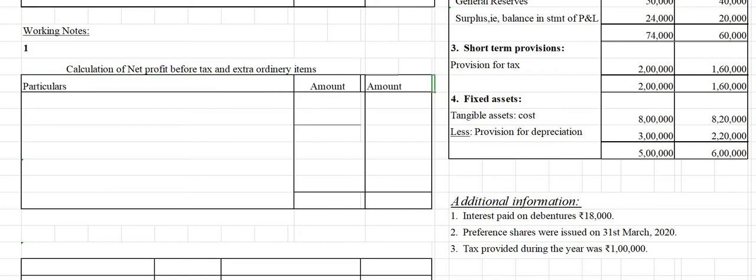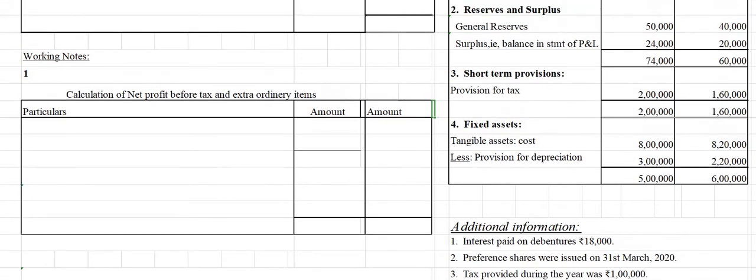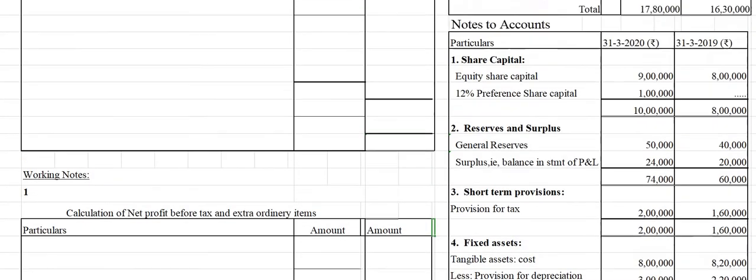So heading is given. Now what we have to see, we have to write the profit for the closing date. Closing date profit is given here 2020, profit surplus, balance in statement of profit and loss. So that we can write first.